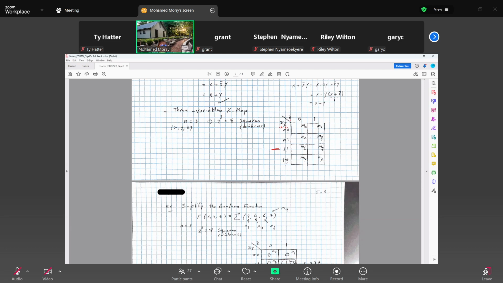M4. We put M4 here, not here, because we have to jump, because this corresponds to 1, 1, not 0, 1. So after M3, we put M4 here. Then M5, then we go back to M6, M7.